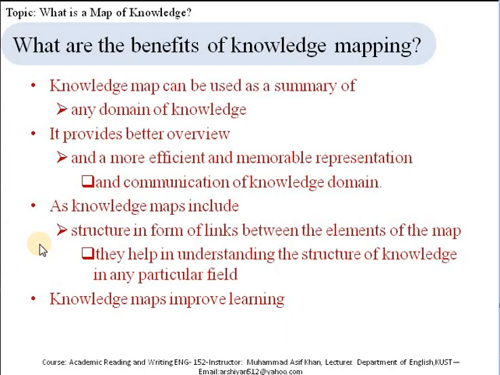Basically, by understanding the concept of a knowledge map, it becomes very easy for us to summarize the ideas of any domain. And in this way, when we represent the ideas of any field in a structured form, or in interrelated structures, it becomes very easy for us to grasp the overall understanding of that system.